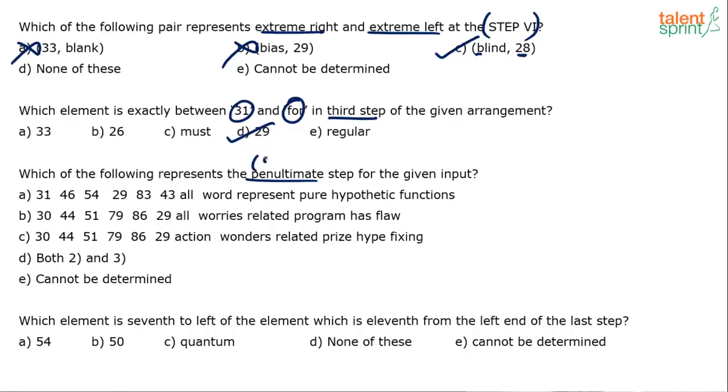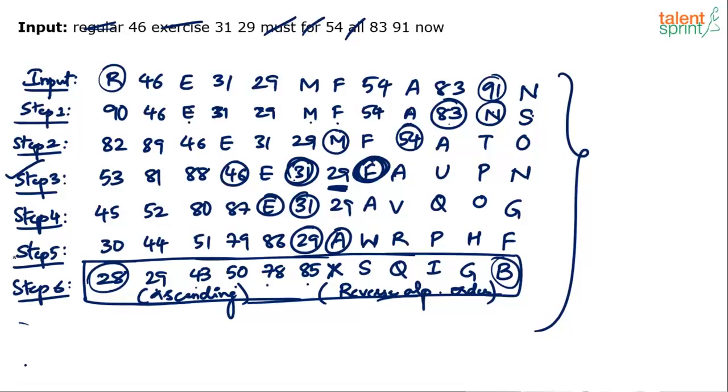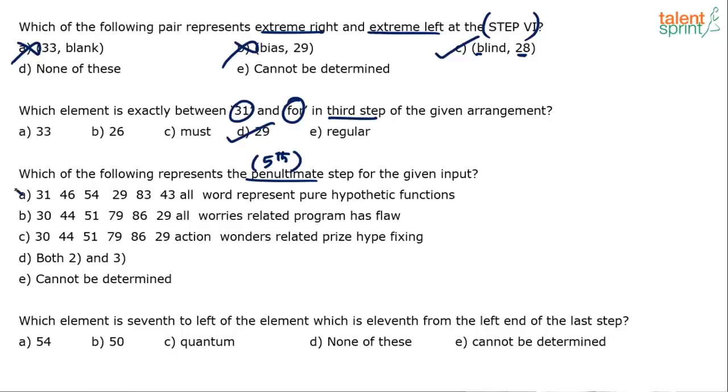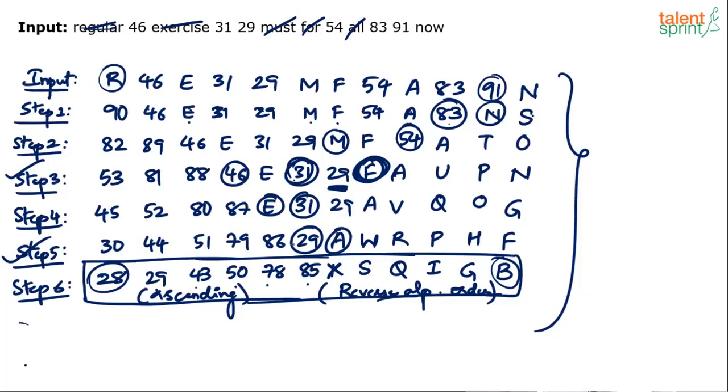Which of the following represents the penultimate step? Penultimate step here will be fifth step, because total there are 6 steps, right? So what is the fifth step? Let's match 30, 44, 51, 79, 86. It should start with 30. 44, 51, 79, 86. Yes, up to this it matches. Next number is 29.